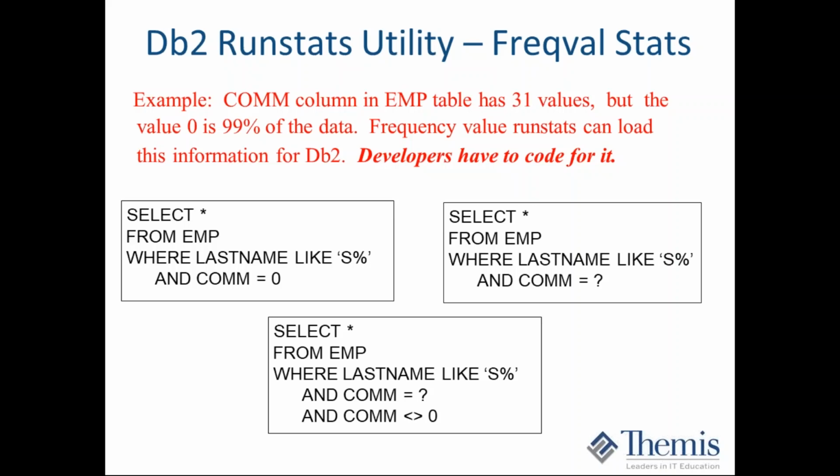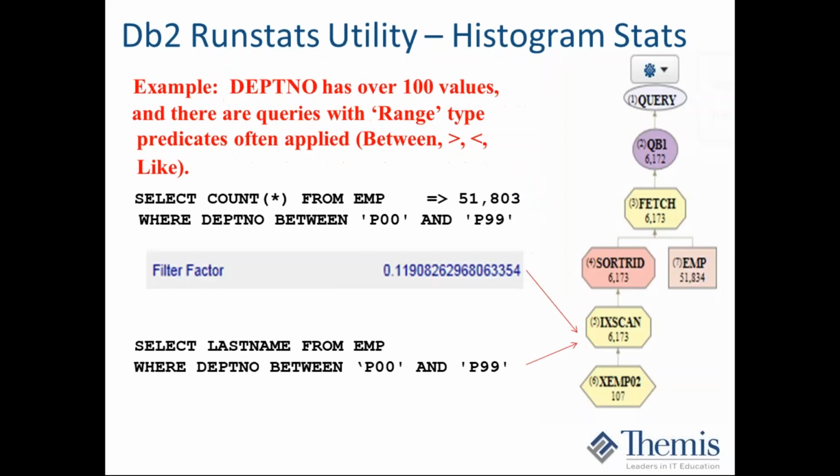My commission equals some value. I don't know what the value is, but it doesn't equal 0. That will give the best of both worlds, whether I'm looking for a 0 or not. So when it comes to some special statistics, we have to have a DBA run special statistics, and we as developers have to change our code to be able to handle it.